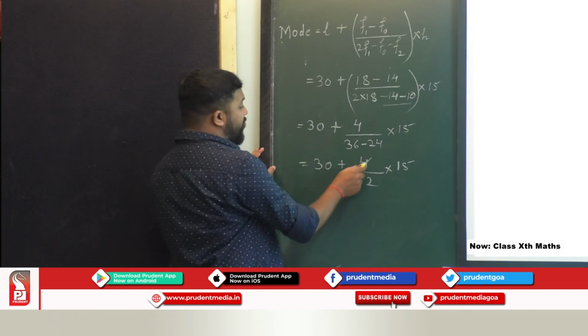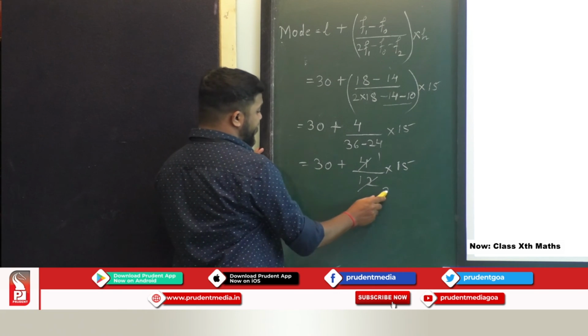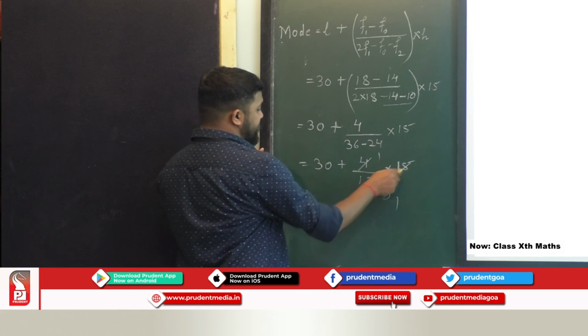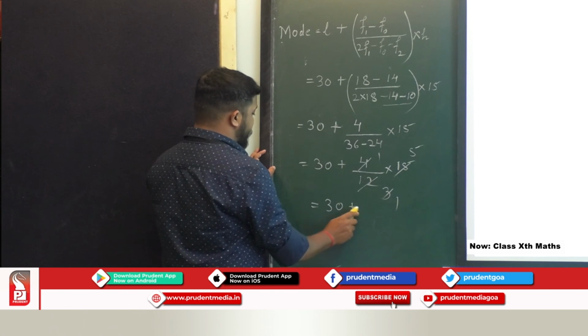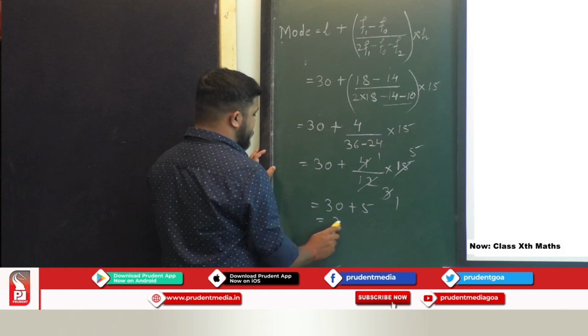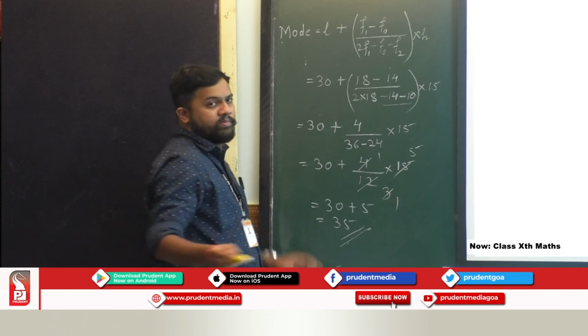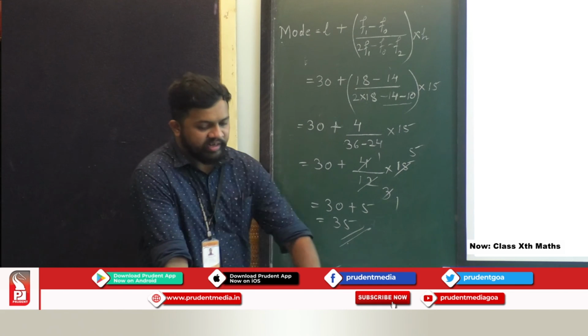Cancel the table: 4 ones are 4, 4 threes are 12, 3 ones are 3, 3 fives are 15. So 30 plus 5 will give you the answer as 35. So this is how you can get the answer of mode.